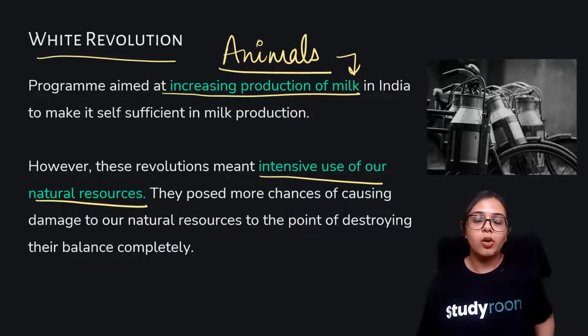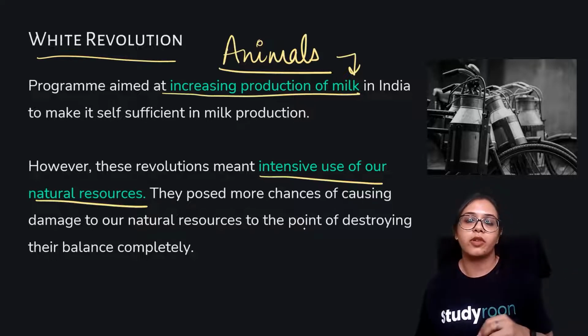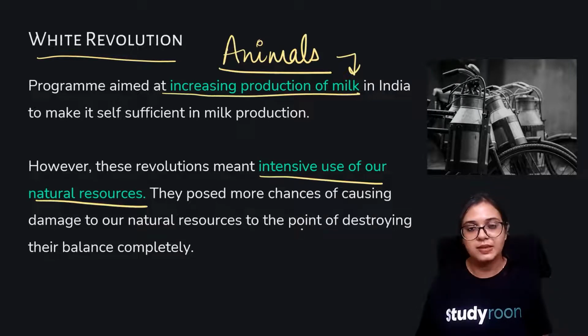All these qualities will ultimately lead to an increase in the usage of our natural resources. And in the previous chapter, we have seen how imperative it is to conserve the use of these natural resources. So this green revolution and this white revolution is very necessary, no doubt.